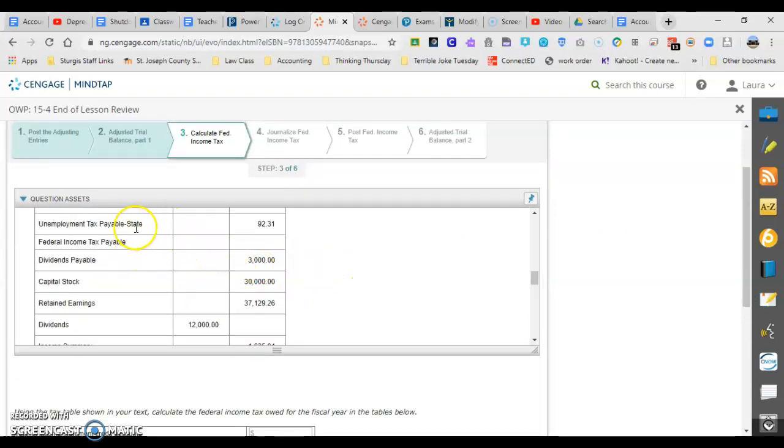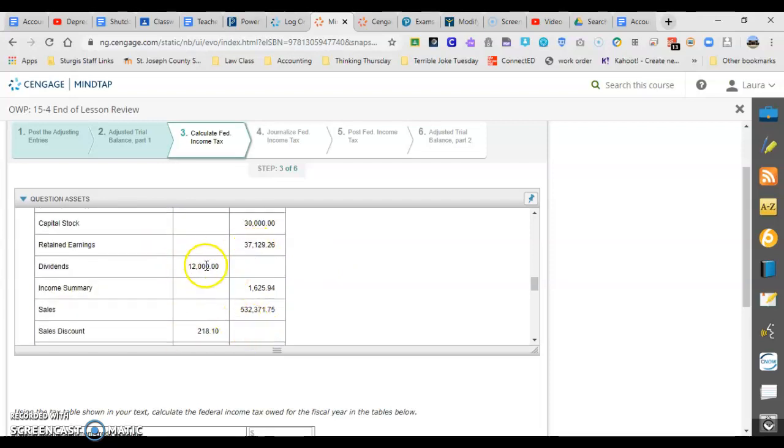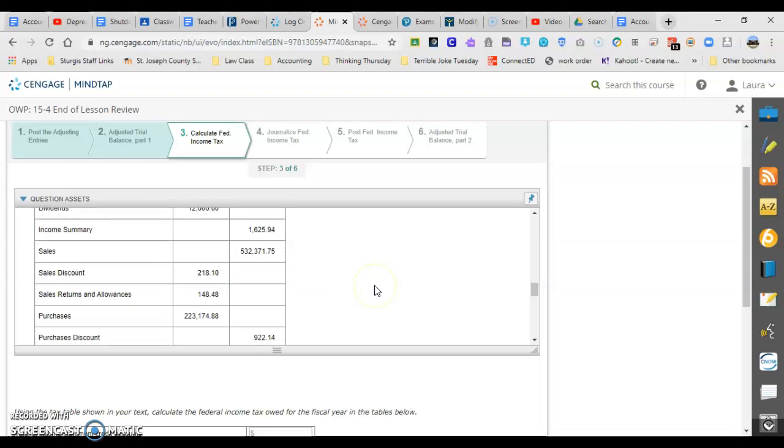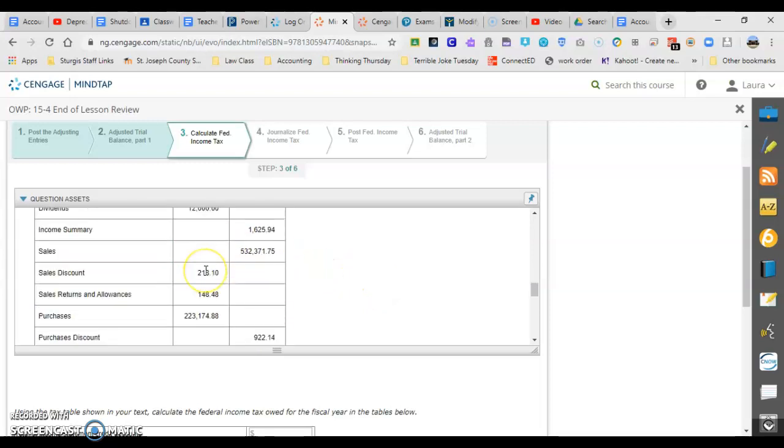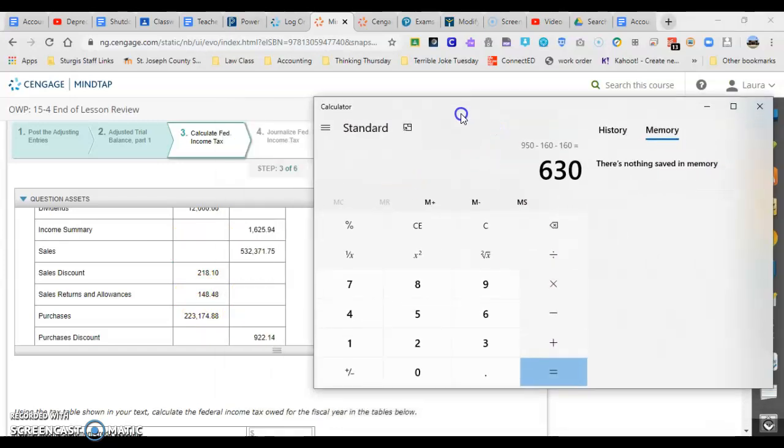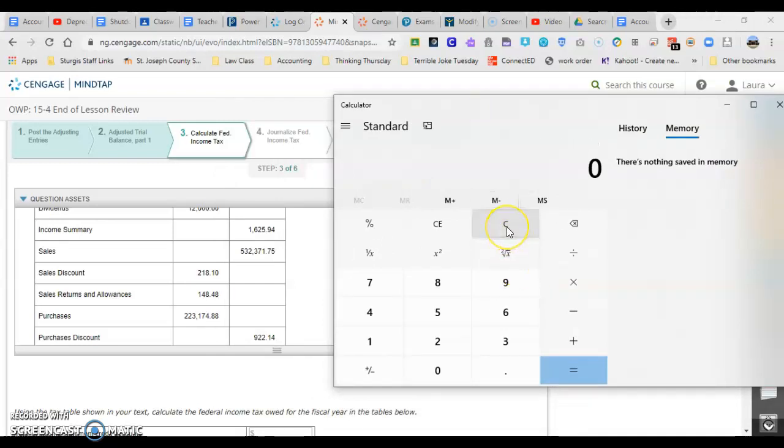So balance sheet is assets, liabilities, and equity, right? And you calculate the dividends out of that, right? So on the income statement, we're going to go income summary on down. So it wants to know the income statement credit accounts. Okay, so we're going to add those up.